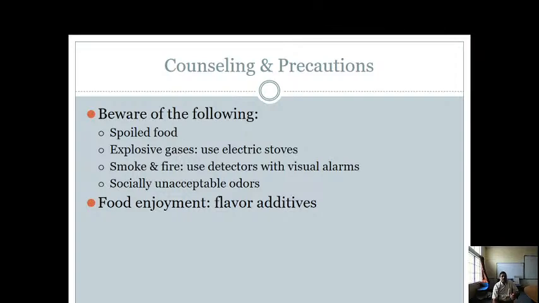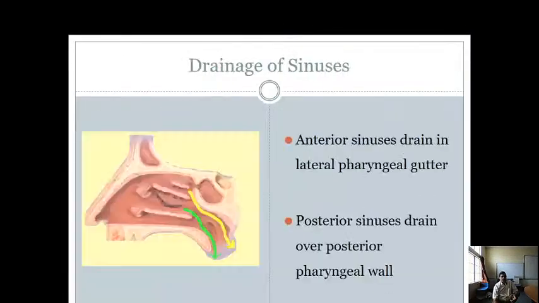So olfaction helps to detect various kinds of abnormal odors, and of course food enjoyment. You enjoy the various flavors of the food, and that is as far as olfaction is concerned.